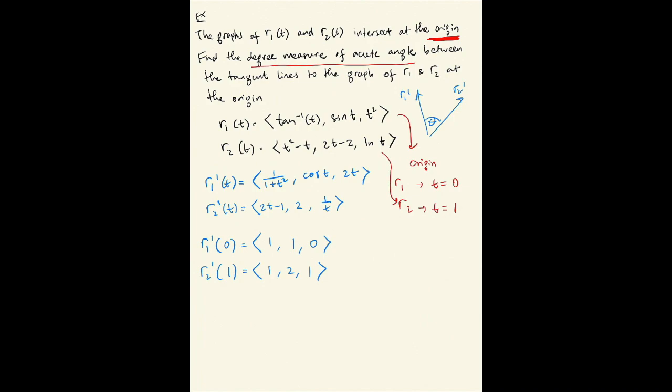And then we can go by this definition, right? So we can write cosine theta is a dot b, or in this case, R1 prime dot R2 prime over the square root.